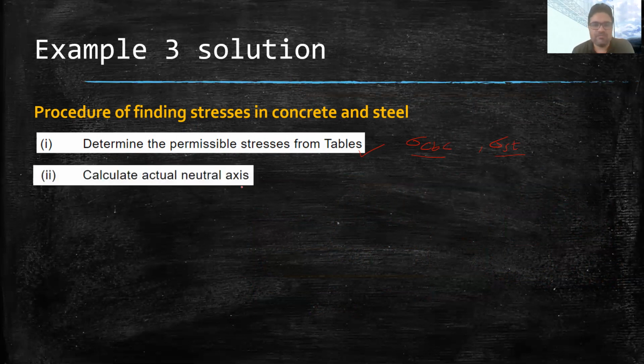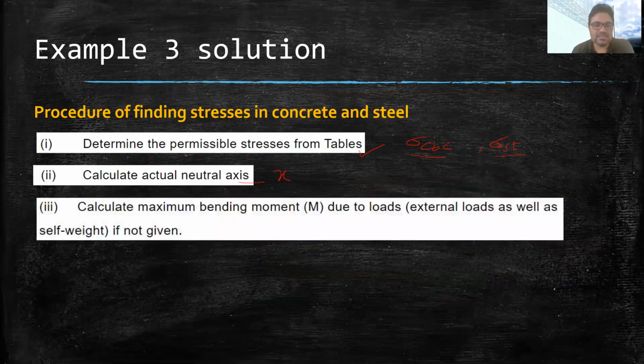In the next step, we will find out the depth of neutral axis, which is X. So in the second step, we will find out the value of X. In the third step, we will find out the value of maximum bending moment due to the load. Maximum bending moment I have already explained.